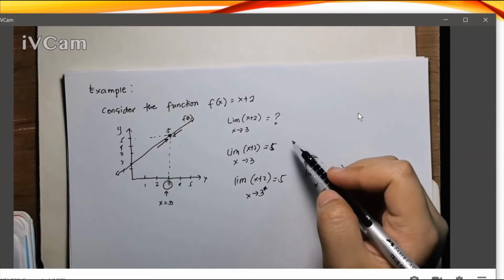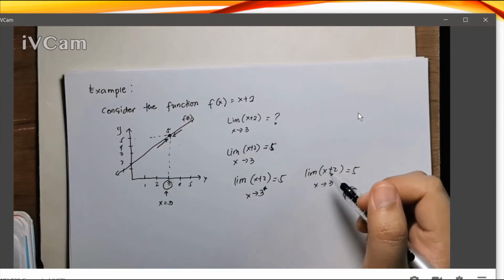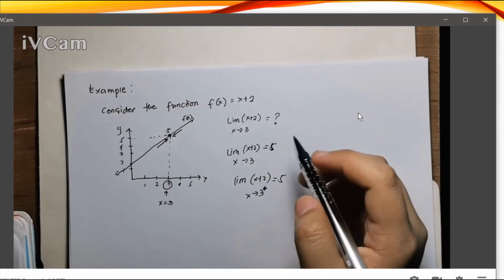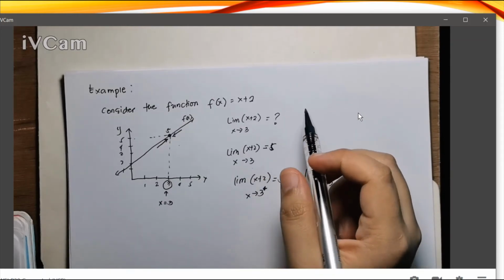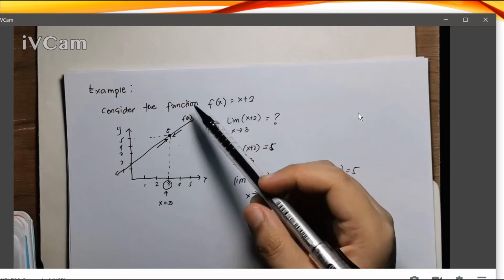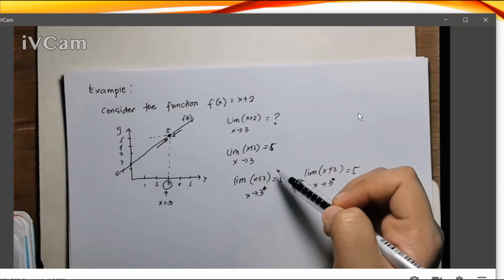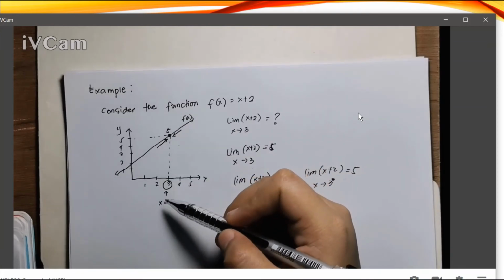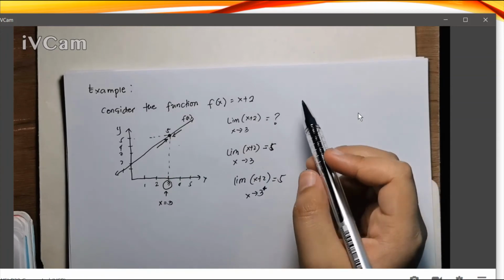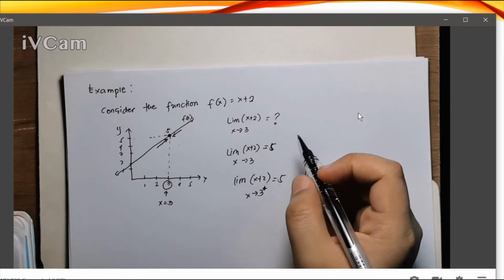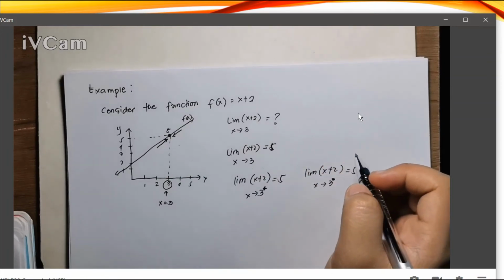Okay, so you might be wondering, what is the difference then between simply the value of f of x at x is equal to 3, and the limit of f of x as x approaches 3?